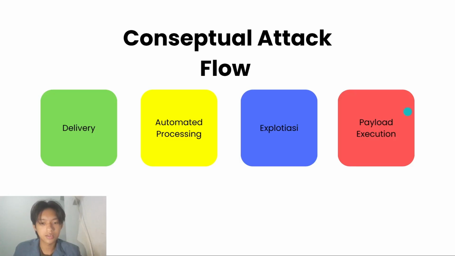The OS receives this and begins parsing it to show you a preview. And then, because the packet is malformed, it triggers a memory error or exploitation. And finally, the attacker's code runs with system-level permissions. Within seconds, your device is no longer yours. It's under remote control, or we can call this payload execution.